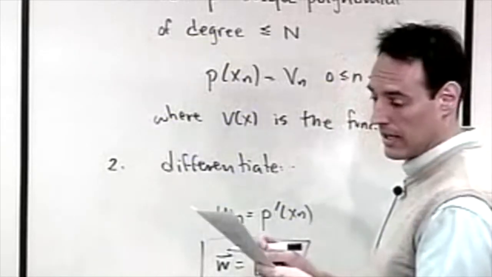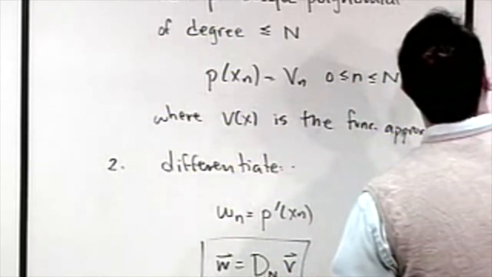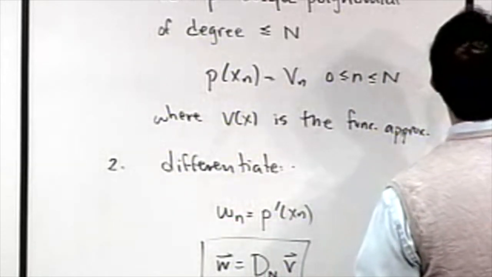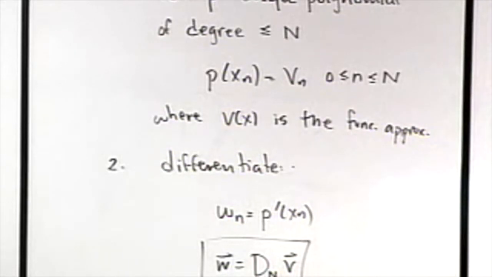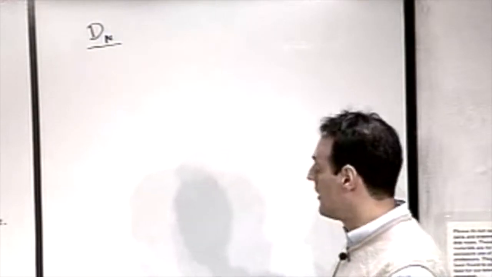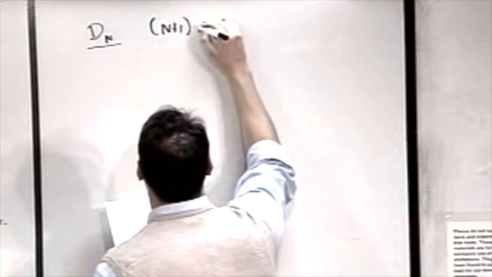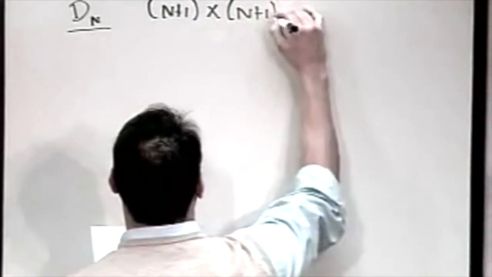What does D_n look like, by the way? Here are the components. This is the key to the whole thing, so this is where it kind of gets a little boring, but you kind of got to see it. All right. So D_n is an n plus 1 by n plus 1 matrix.